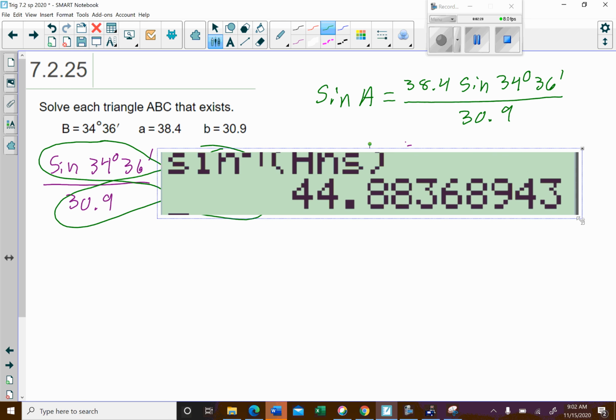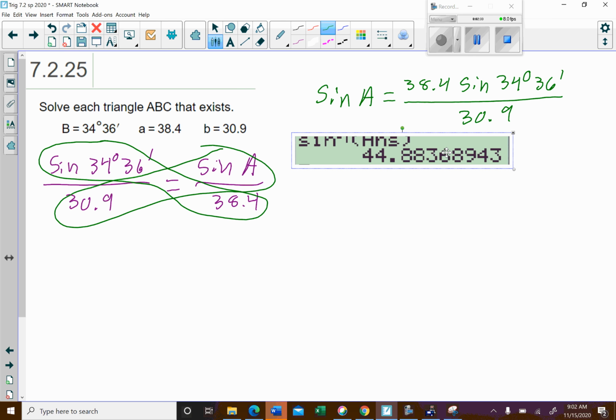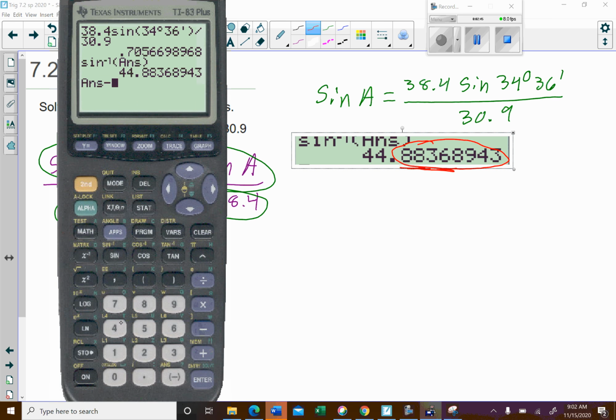All right. So here we are. Now what I have to do is convert that decimal part into minutes. Every degree is worth 60 minutes, and you have a partial degree here. So I'm going to subtract off that 44 so that I'm just looking at that fraction of a degree.